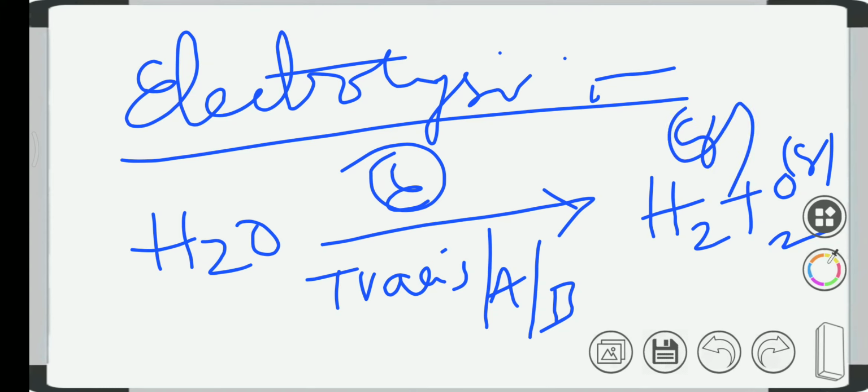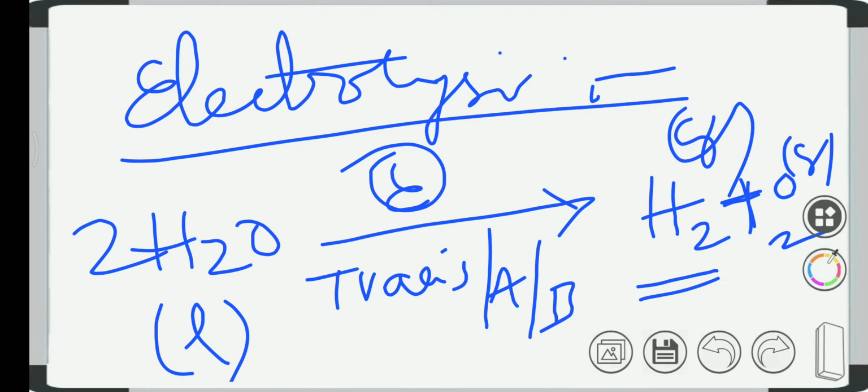Balance that, taking 2 moles. This is liquid water. When we do electrolysis to separate out the compounds, it gives H2 and O2, 2 molecules come out. This is the electrolytic process.